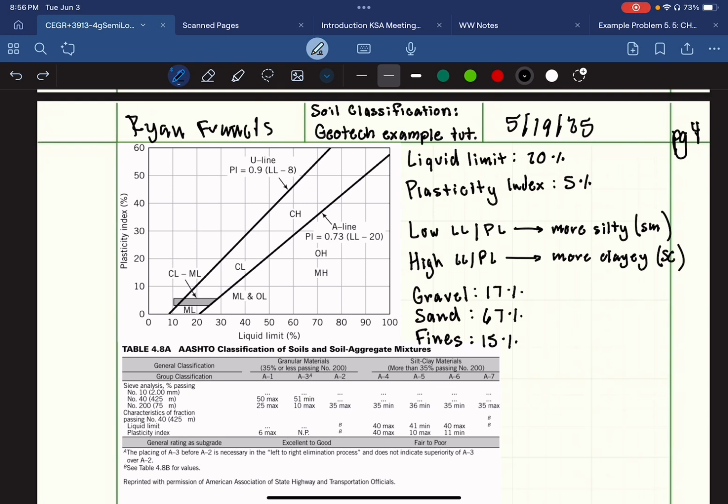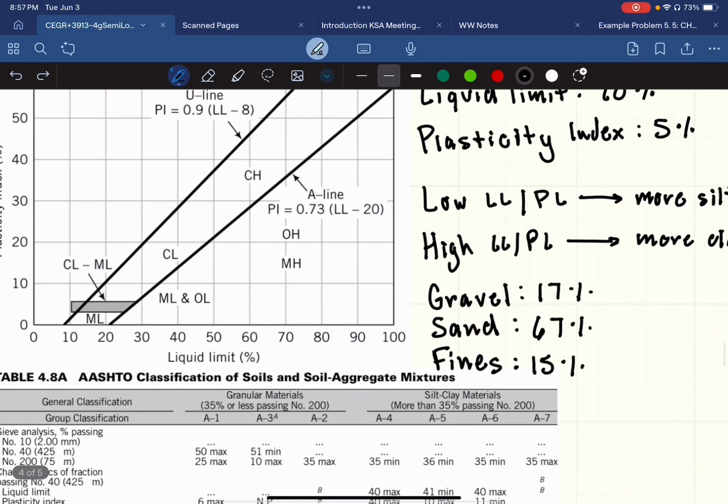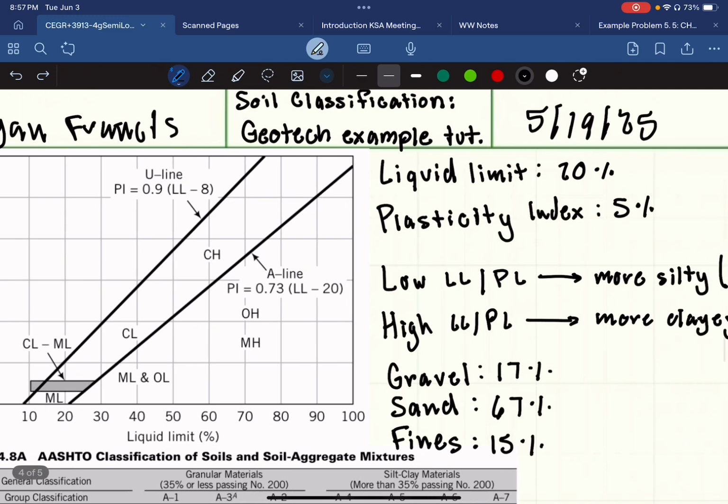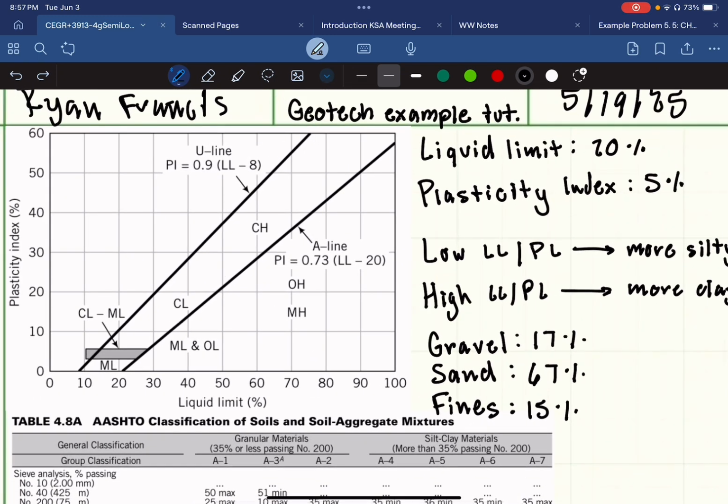So, reaching kind of the middle point of the soil classification part of the problem, you're going to reach the soil classification. So, you're going to be faced with a chart that has the liquid limit on the x-axis and the plasticity index on the y. And so you're going to look at this and go, what do I do? But the liquid limit and the plasticity index are already going to be given to you.